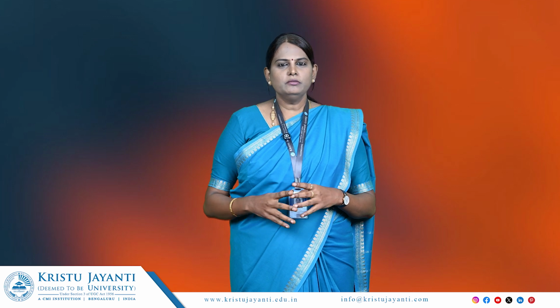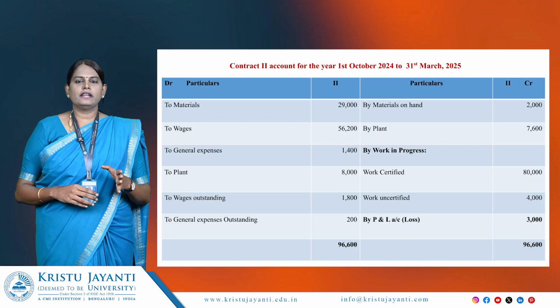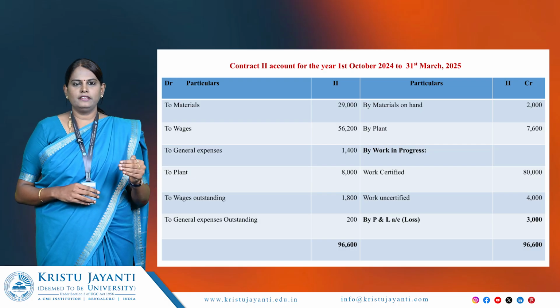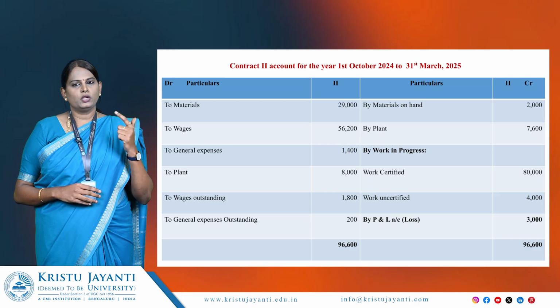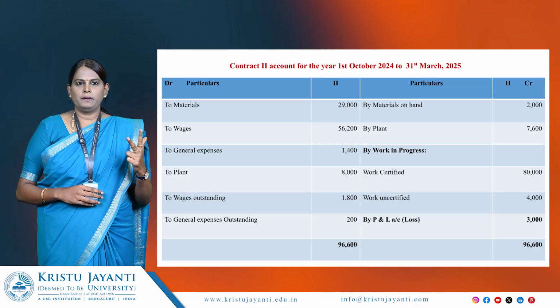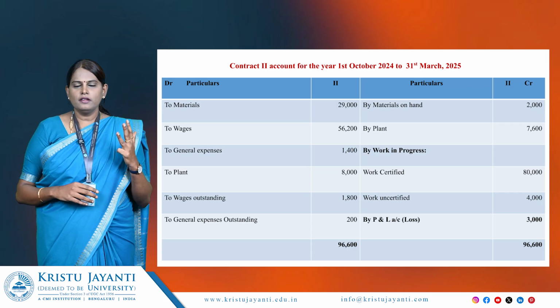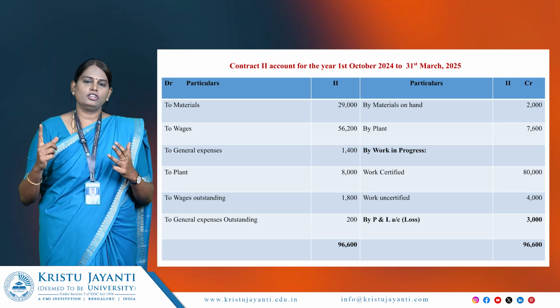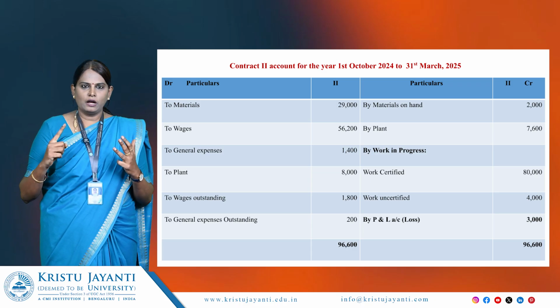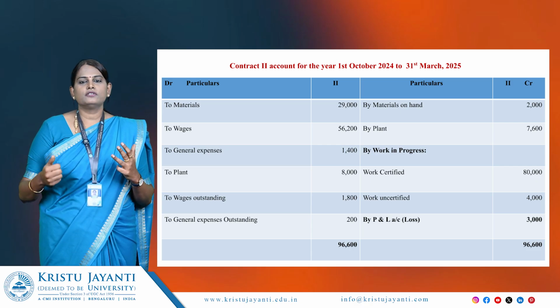Now let's move on to the second contract. Similarly, in the second contract, which started on 1st of October, we have items listed on the debit side, such as your material, your wages, your general expenses. Similarly, you had a plant value of 8,000, and there is a 10% depreciation on plant, which is 8,000 at 10%, and the contract started on 1st of October.